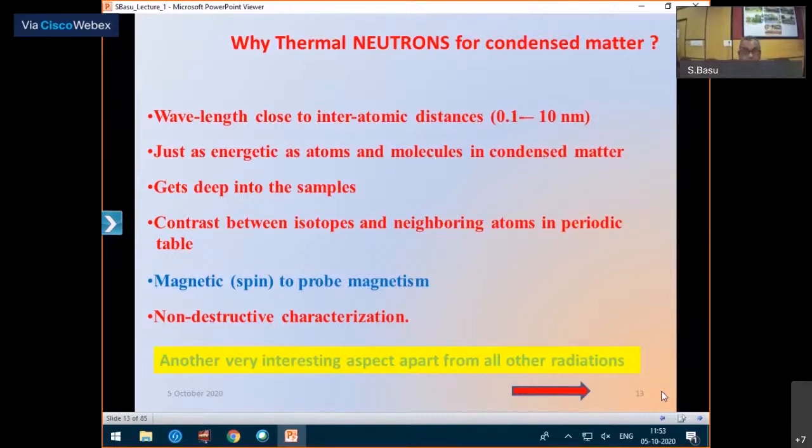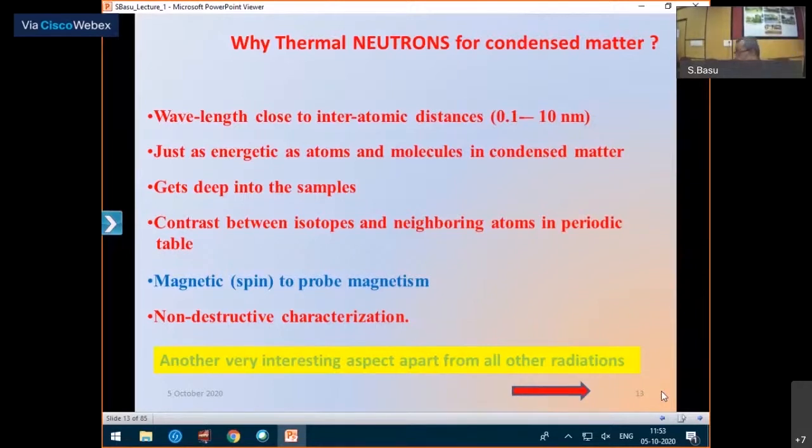It's neutral, that's a very big advantage, gets deep into the sample. And there is contrast between isotopes and neighboring atoms in the periodic table. This was mentioned by Dr. Chidambaram. This is a very important technique, especially later when Professor Aswal will be talking about small angle neutron scattering. He will touch upon this in more detail.